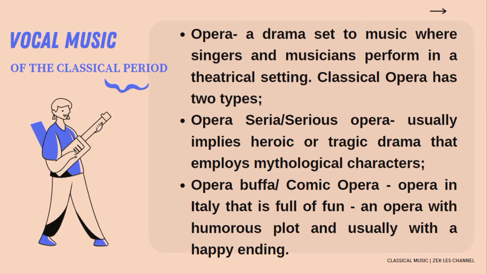These are opera seria, or in English, serious opera, which usually implies heroic or tragic drama that employs mythological characters. The second one is opera buffa, which is in English, comic opera. It is from Italy and is full of fun, an opera with humorous plot and usually with a happy ending.